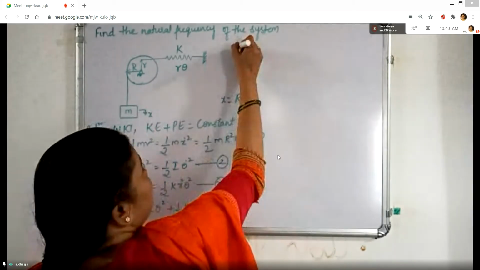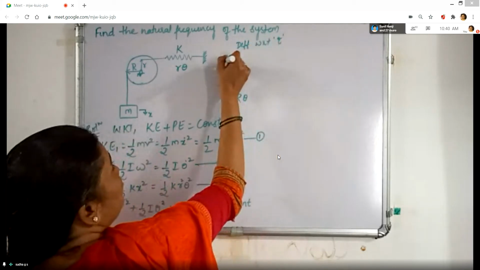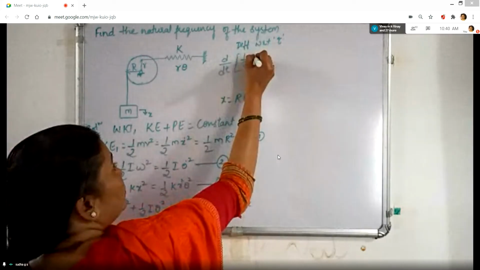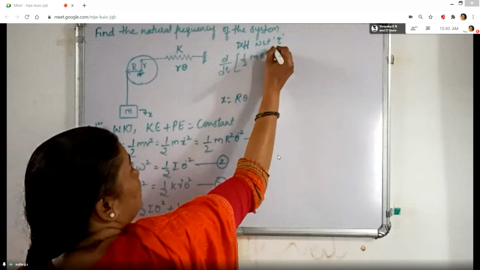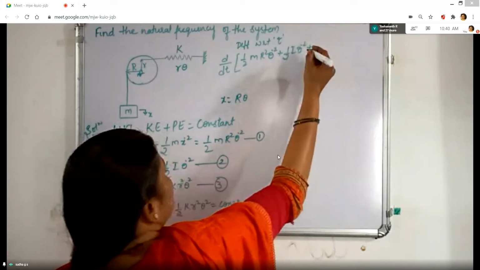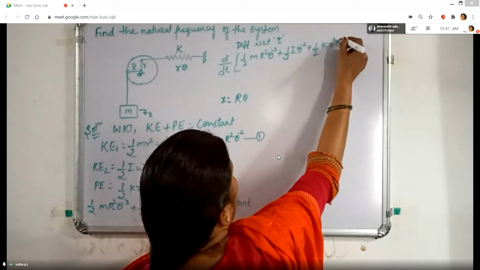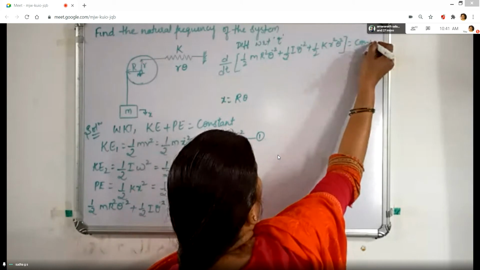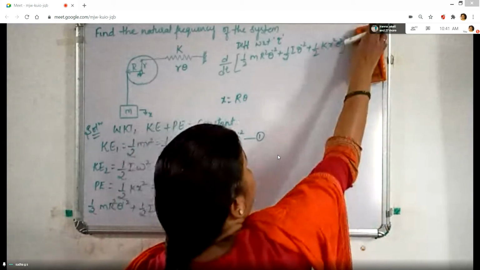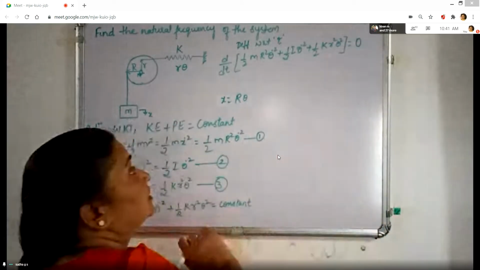Differentiating with respect to t, d by dt of this equation, 1 by 2 m r square theta dot square plus 1 by 2 I theta dot square plus 1 by 2 k r square theta square is equal to what? 0, right?